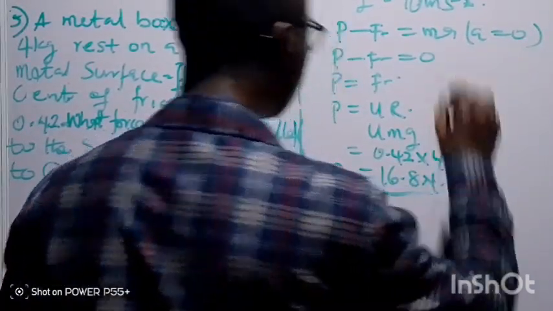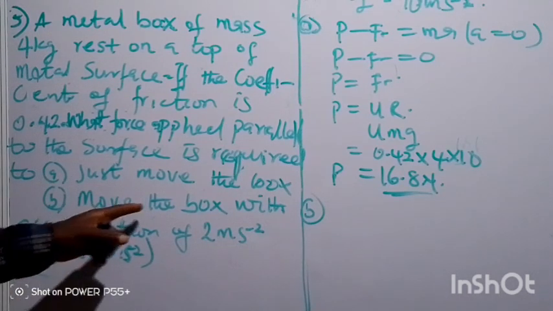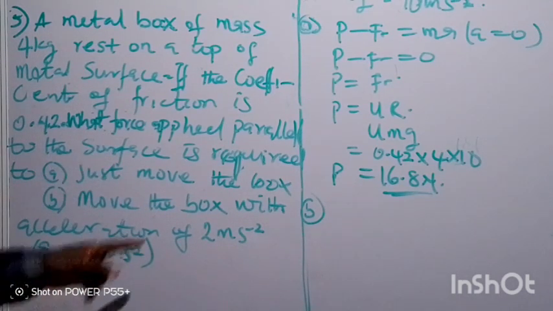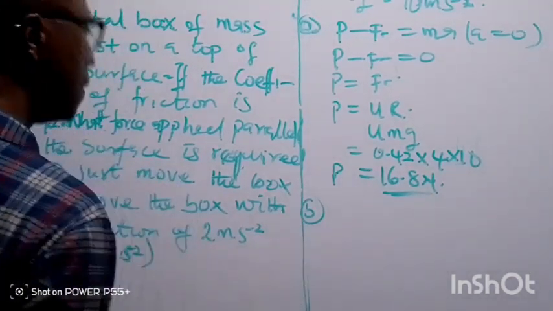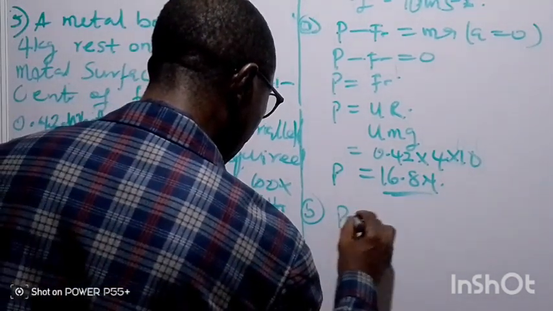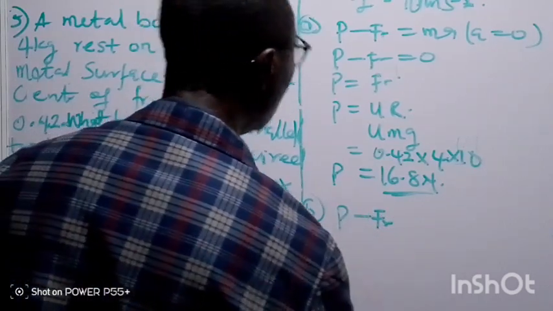B now. The force required if the acceleration is 2 meters per second square. Using the same formula, P minus Fr is equal to ma.